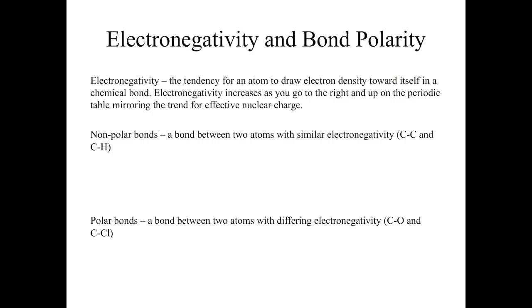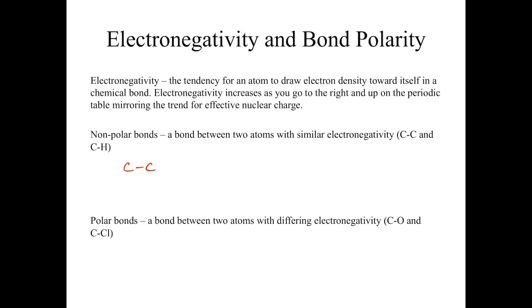So now let's look at 2 different possibilities. One possibility is that we have 2 atoms in a bond, and both of those atoms have a similar electronegativity. In the case of something like a carbon-carbon bond, the atoms have exactly the same electronegativity.